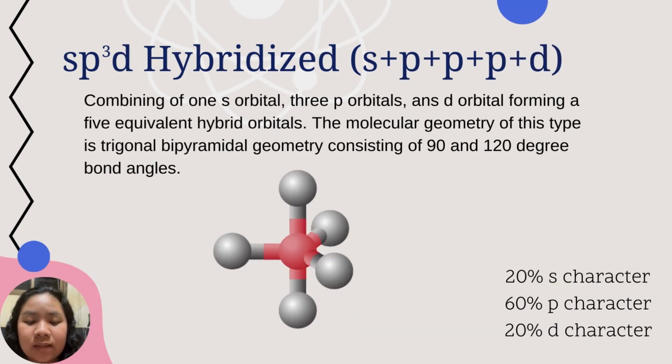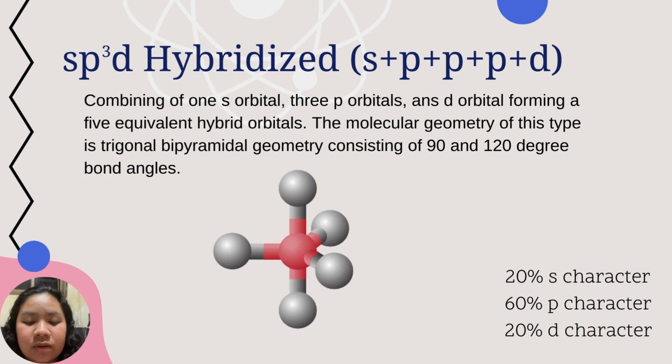sp3d hybridized. This involves the combining of one s orbital, three p orbitals, and one d orbital to form five equivalent hybrid orbitals. The molecular geometry of this type is trigonal bipyramidal, with three orbitals arranged in an equatorial plane and two in axial positions.